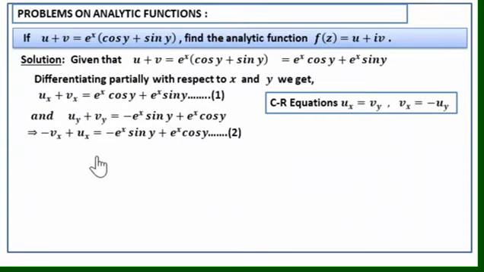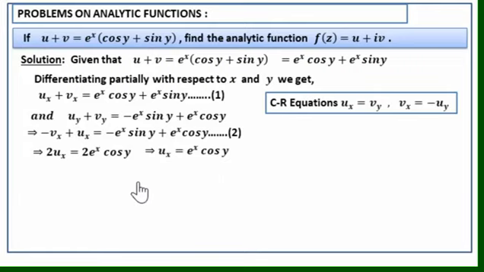So the left side will be 2ux. The right hand side, adding the right hand sides of 1 and 2: e power x cos y plus e power x cos y is 2 e power x cos y, and e power x sin y minus e power x sin y cancels. So we have 2ux equal to 2 e power x cos y, or dividing by 2 we get ux equal to e power x cos y.